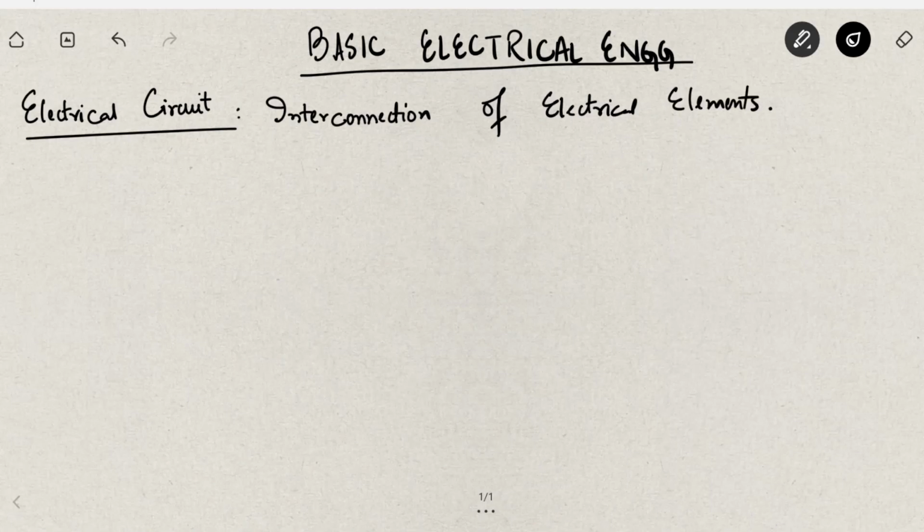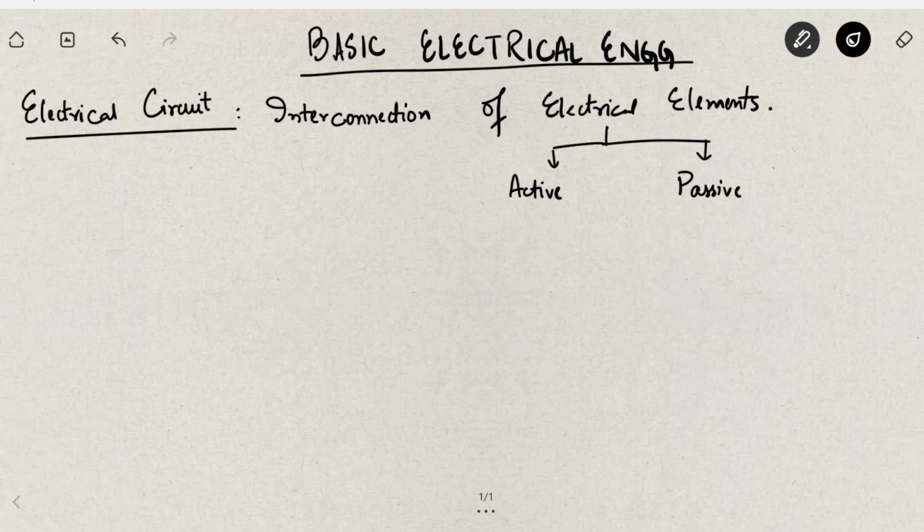Now, what are these electrical elements? These electrical elements can be active elements, or they can be passive elements. So we'll be going through both active elements as well as passive elements. We'll be understanding the properties of both of these elements. So any electrical circuit will have a combination of different electrical elements. Now these electrical elements can be either an active element or a passive element.